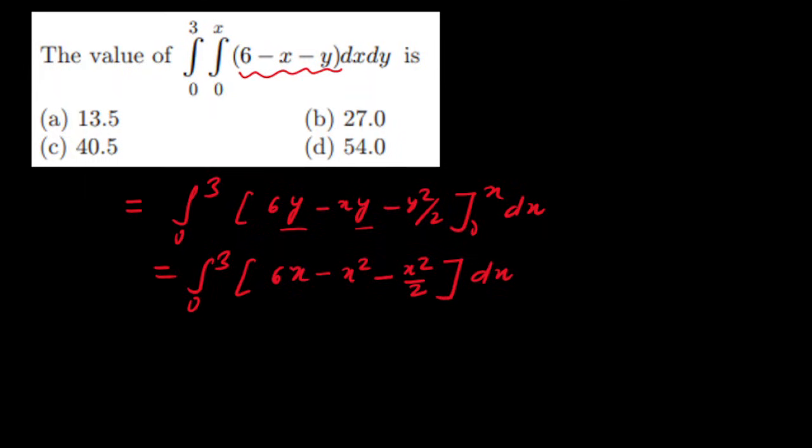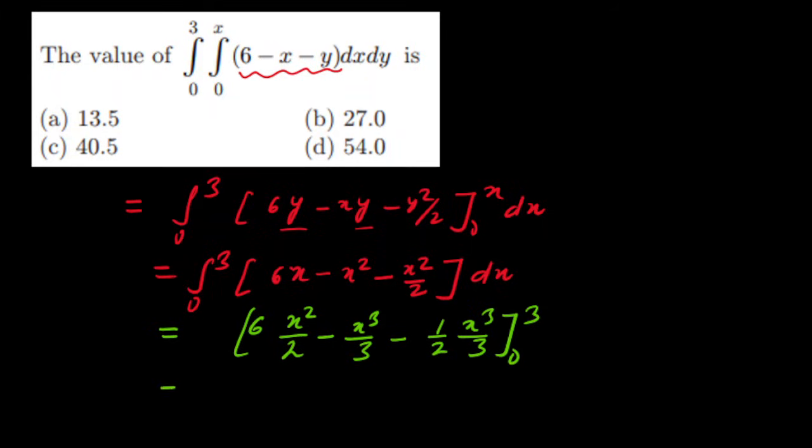Green is better. Let me use the green color. So if I integrate, I will get 6x square by 2 minus x square will give me x cube by 3, and minus 1 by 2 x square will give me x cube by 3, limit is 0 to 3. 6 by 2 is 3, so 3 into 3 square, and it will be like 3 cube by 3, so this will be also 3 square, and minus 1 by 2 and 3 cube by 3, so it will be 3 square.